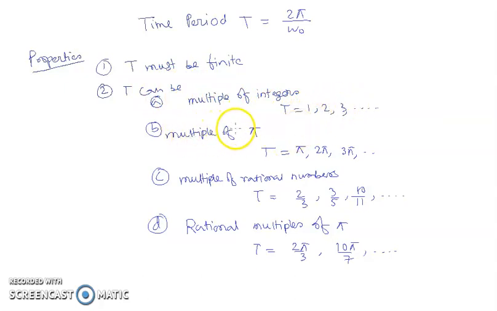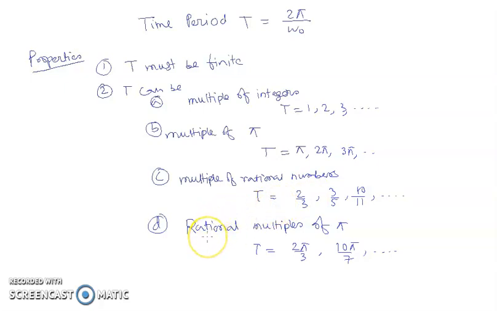T can be a multiple of π, so T can be π, 2π, 3π or anything. T can also be a rational number, like a fraction such as 2/3 or 3/5, which are not integers but are rational. Those can also be time periods.